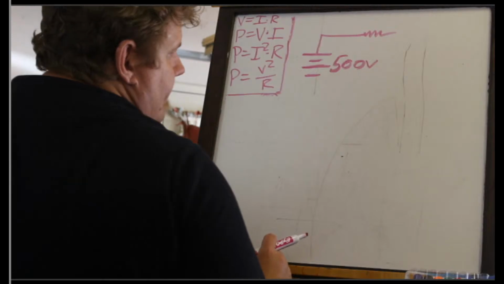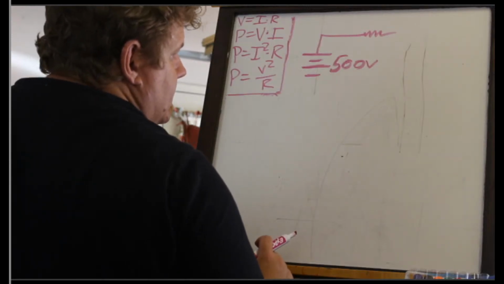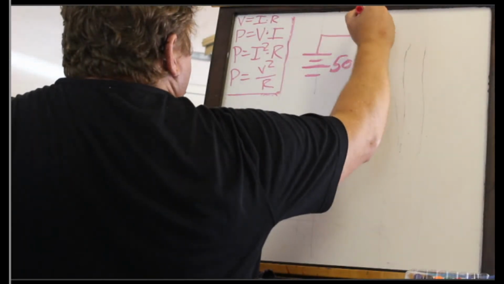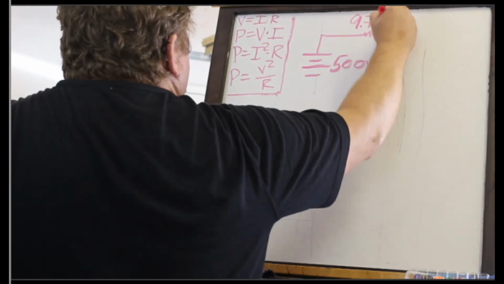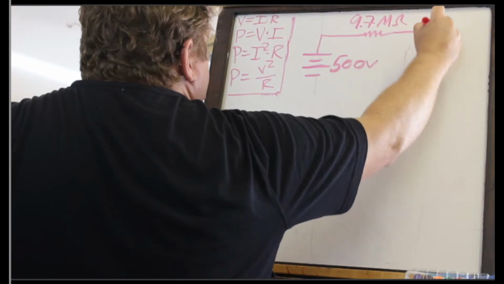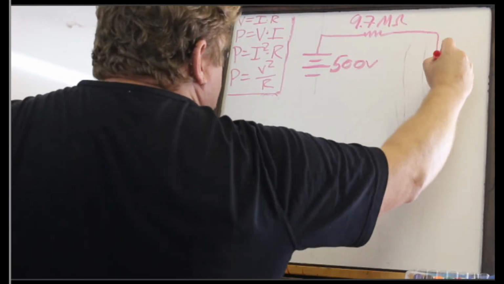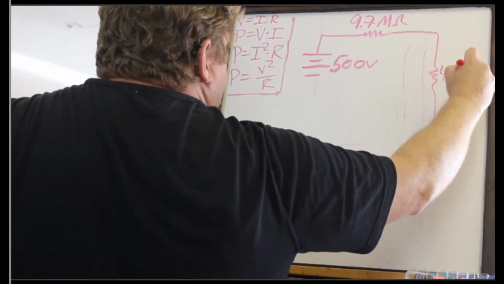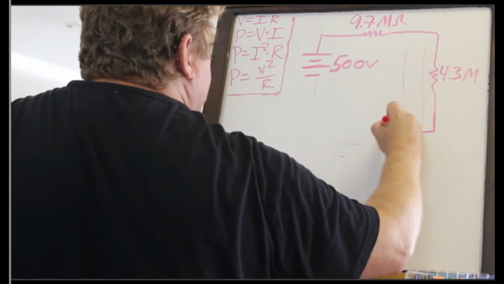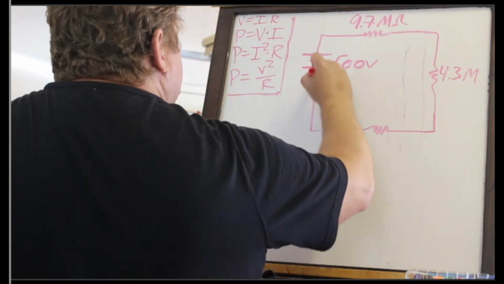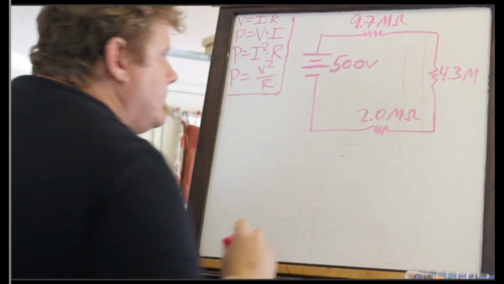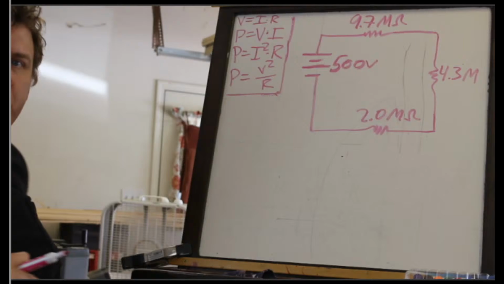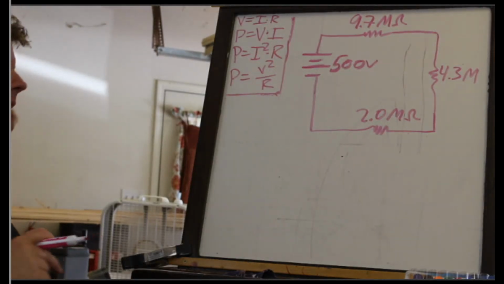Big voltages will have some big resistances as well. How about 9.7 mega ohm, 4.3 mega ohm, and 2 mega ohm. So there's a lot of resistance there, but there's also a whole lot of voltage.